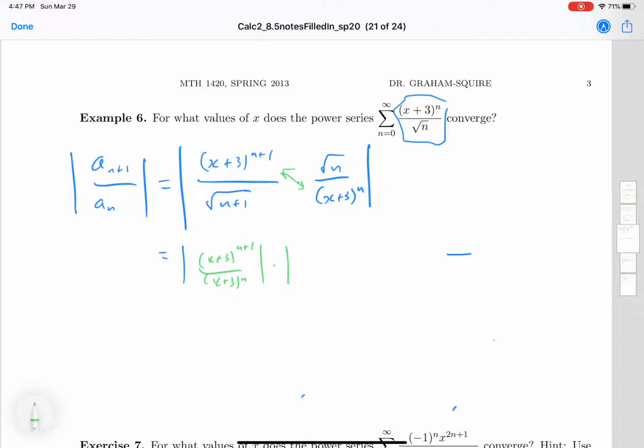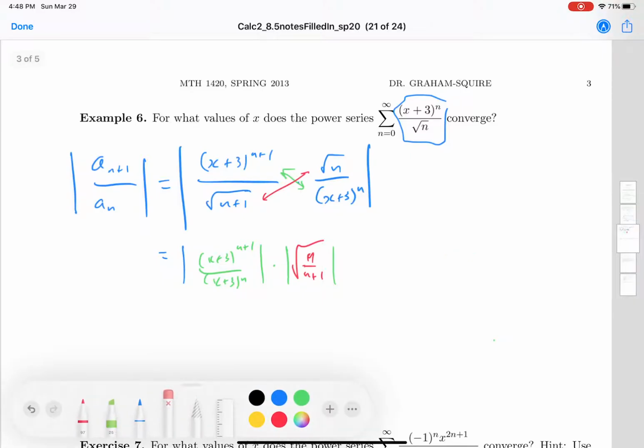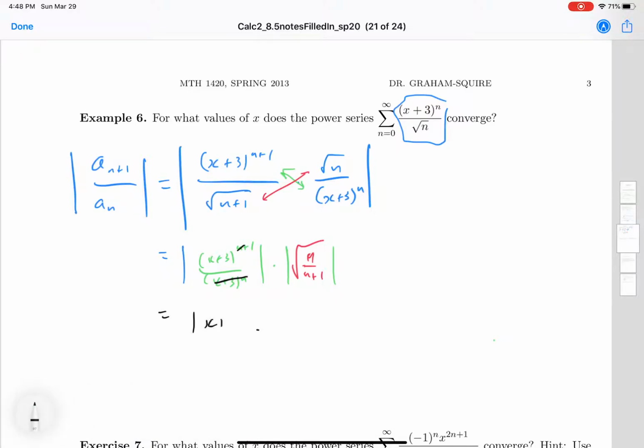And then I'm going to multiply that by a separate absolute value, and here I'll put these two, and that'll end up being the square root of n over n plus 1. And we already sort of know some things about these. I can simplify relatively easily. In particular, this x plus 3 to the n is going to cancel with that one, and I'm going to be left with the absolute value of x plus 3.